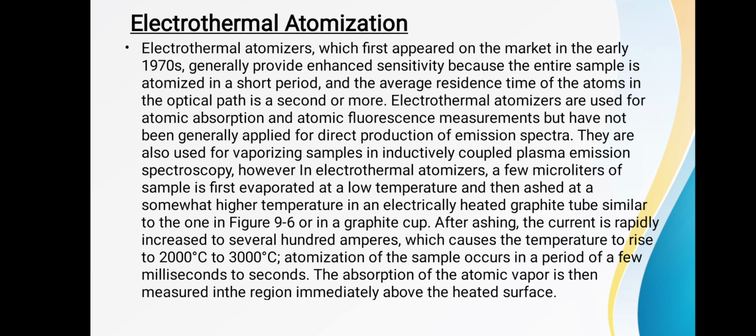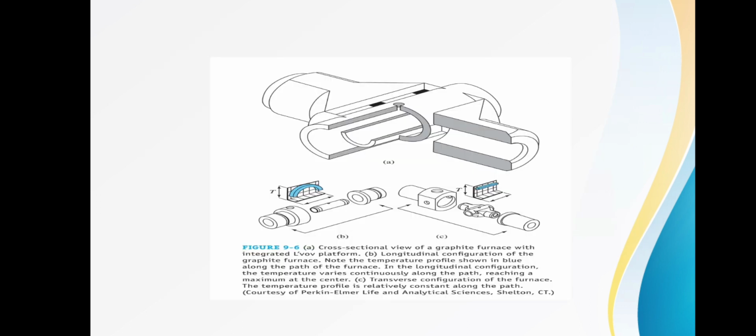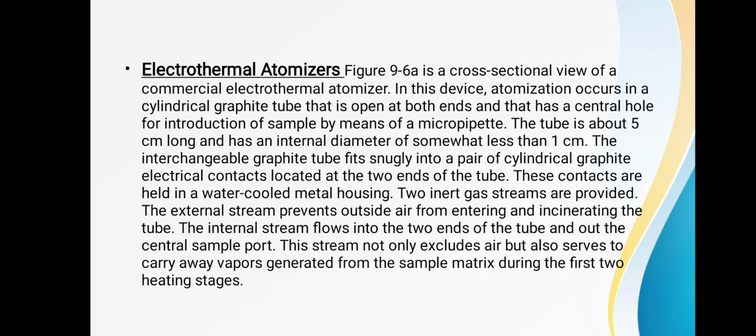After ashing, the current is rapidly increased to several hundred amperes, which causes the temperature to rise to 2000 degrees centigrade to 3000 degrees centigrade. Atomization of the sample occurs in a period of a few milliseconds to seconds. The absorption of the atomic vapor is then measured in the region immediately above the heated surface. Here you can see the diagram. The overall structure is explained here.